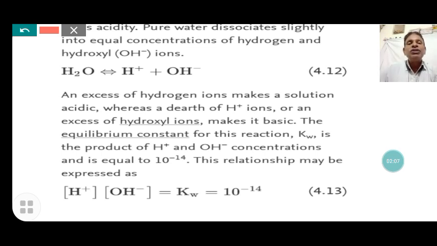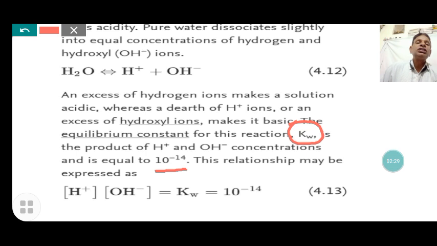The equilibrium constant, that is the ionic product of water for the reaction, stands for Kw. Kw stands for the ionic product of water. It is the product of the concentration of hydrogen ion and hydroxide ion, and it is equal to 10 to the power minus 14.